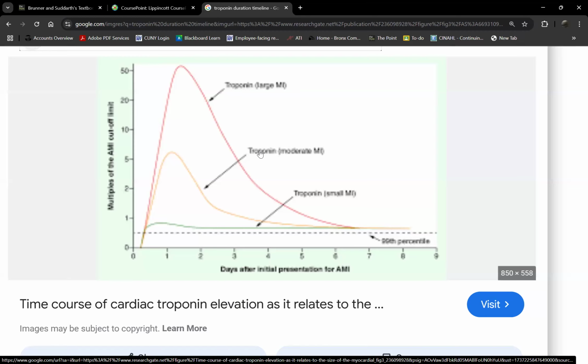The 45 minutes, because we were able to restore perfusion. We got her down to the cath lab right away, put the catheter in, inflated the balloon, restored blood flow. So she will peak sooner.